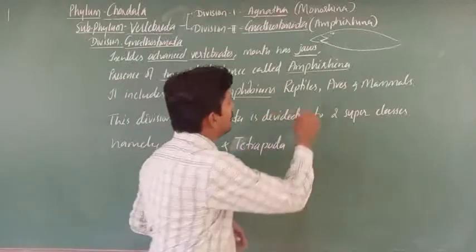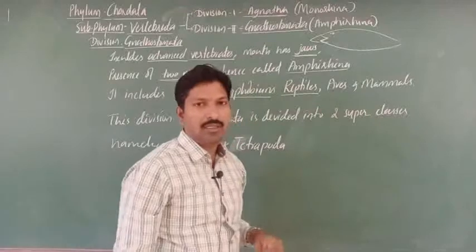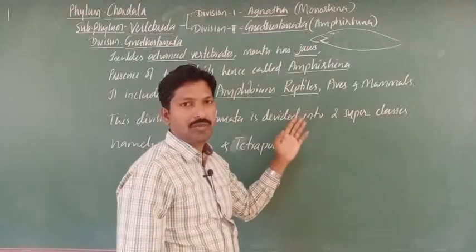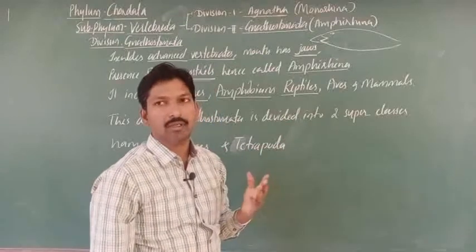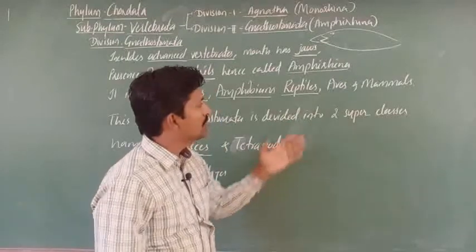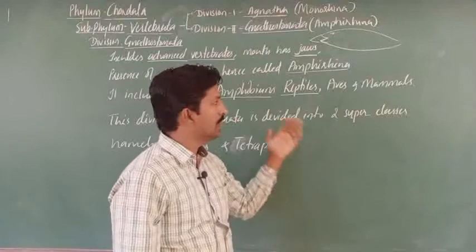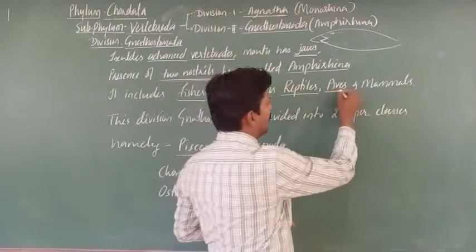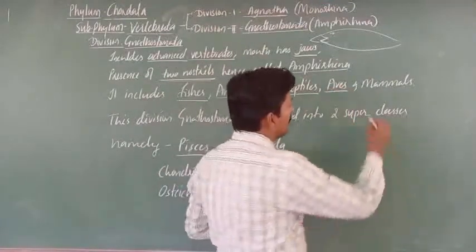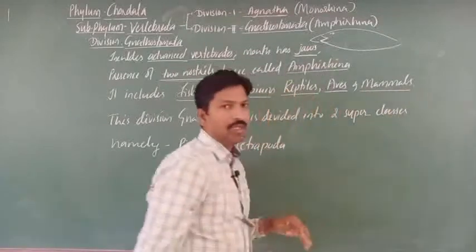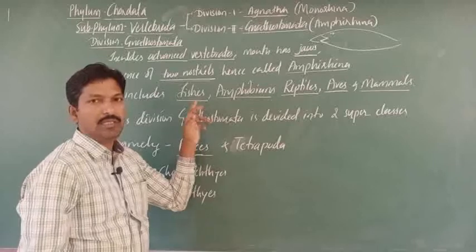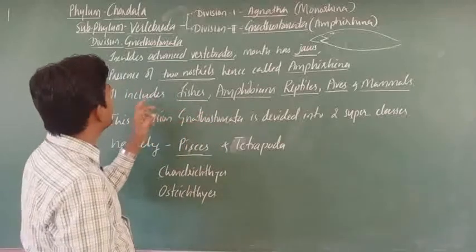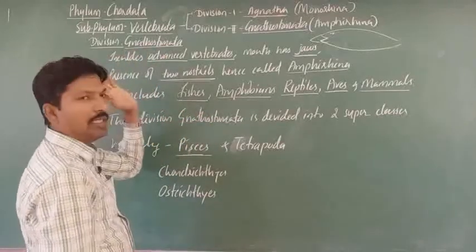Next, reptiles, so snakes and different reptiles we studied, such as the wall lizard, crocodile and tortoise. We will discuss many examples in detail later. Aves means commonly known as birds. Next, mammals. These are the higher animals that come under Gnathostomata.